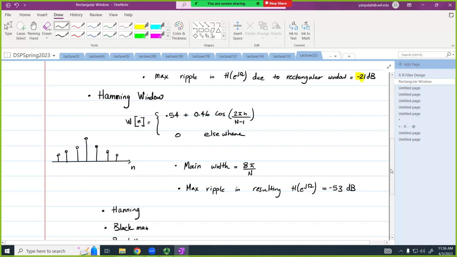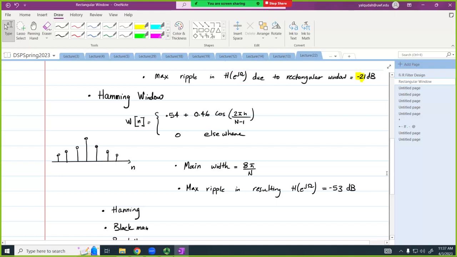W of n is 0.54 plus 0.46 cosine of 2 pi n over N minus 1. So N defines the window. All of these are the same window, from negative (N minus 1) over 2 to (N minus 1) over 2. N defines the width of the window. Okay.